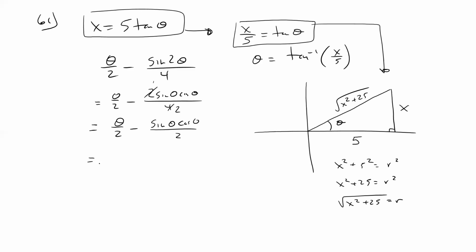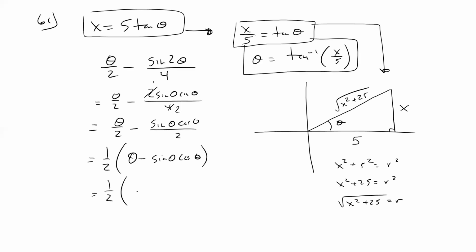I could plug it in right here, except it's just a lot easier to factor out the 1/2 already, since we already have all that. And now we can plug in stuff here. So this would be 1/2. Now theta by itself, we already have that identity right over here. Theta by itself is equal to tangent inverse of x over 5.